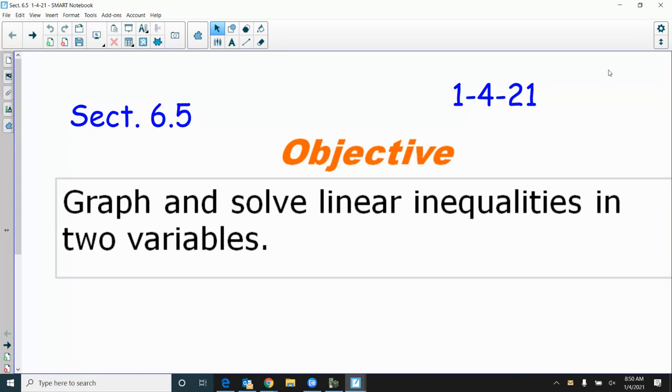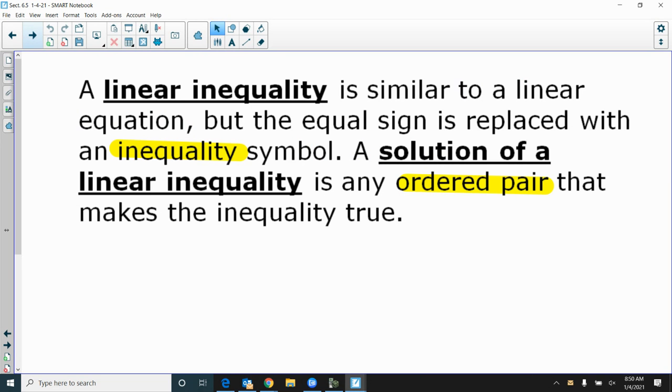All right, so we're going to go through section 6.5, graph and solve linear inequalities in 2 variables. At the top there, those that are highlighted should be where you have the blanks. A linear inequality is similar to a linear equation, but the equal sign is replaced with an inequality symbol. Remember, this symbol is less than.